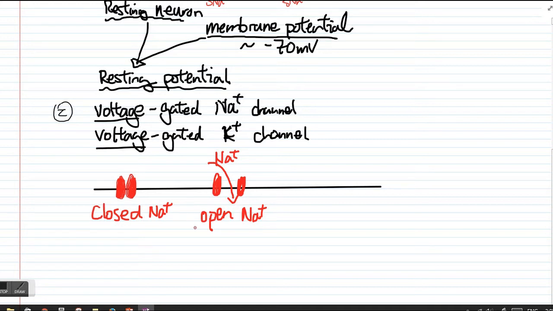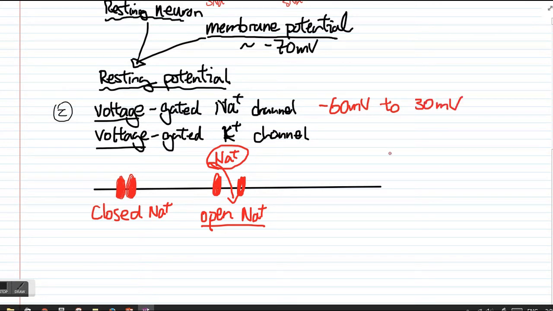By having an open sodium channel, that's the only way for them to move across the membrane. Roughly speaking, the sodium channels will open at around minus 60 millivolts, and then they will close at around positive 30 millivolts.